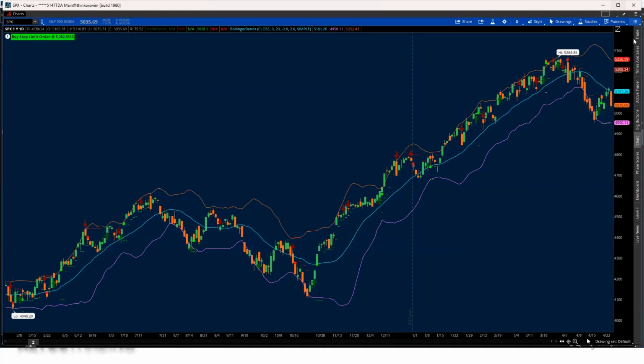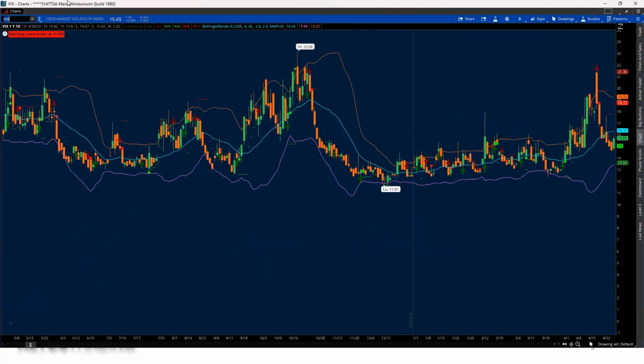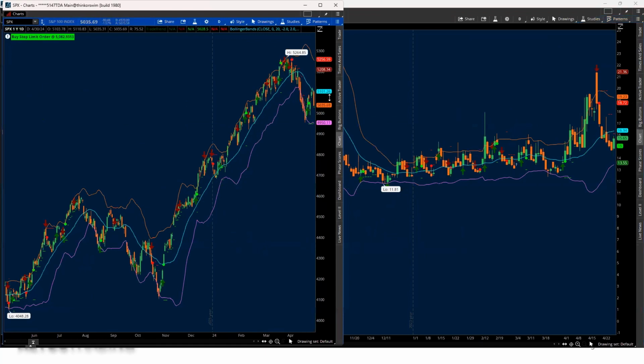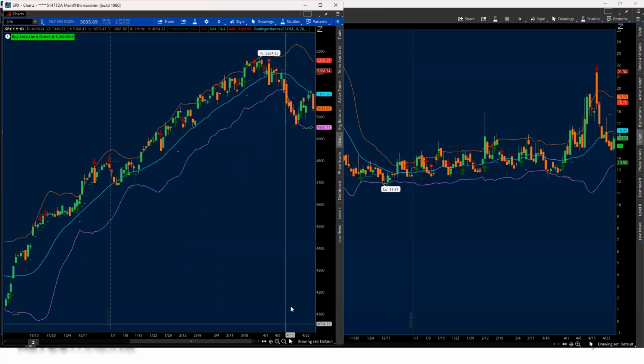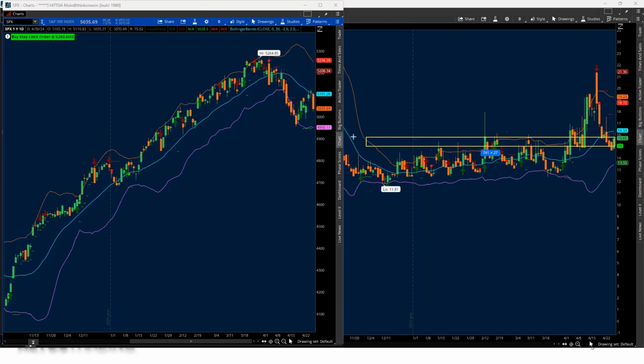Let's zoom in here. All right, so on the left, we've got our S&P chart. On the right, we've got our VIX chart. And once again, we've got this support level on the VIX between 15 and 15.50.